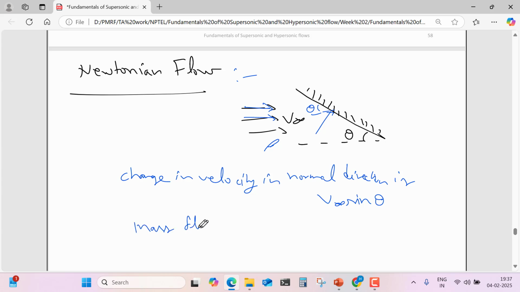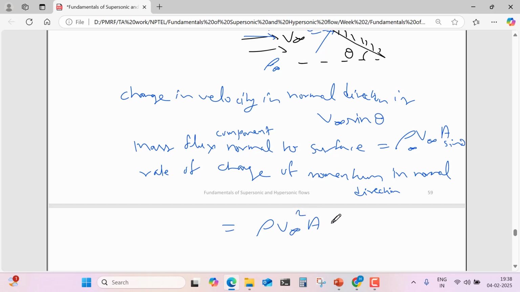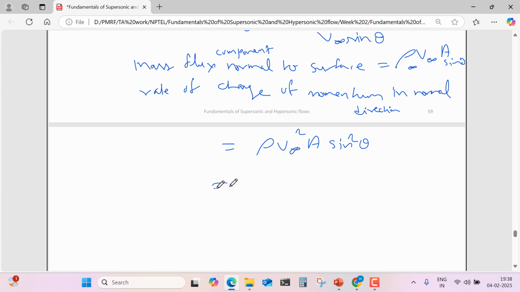The mass flux component normal to the surface will be given by rho infinity V infinity A sin theta, let's say area A. So the rate of change of momentum in normal direction will be equal to rho V infinity square A sin square theta, and this will be equal to force.